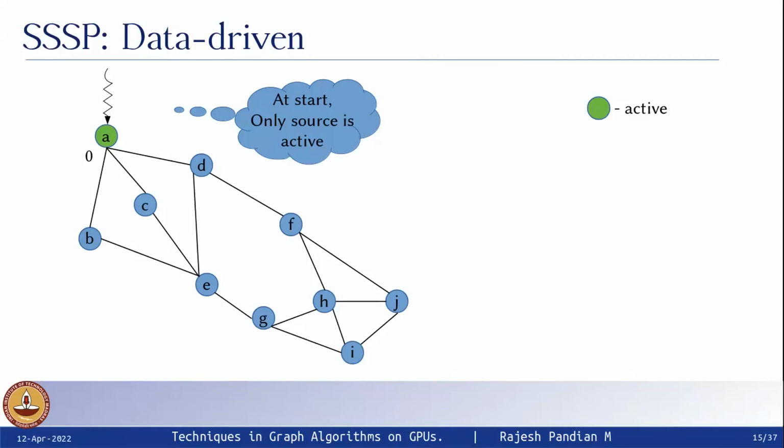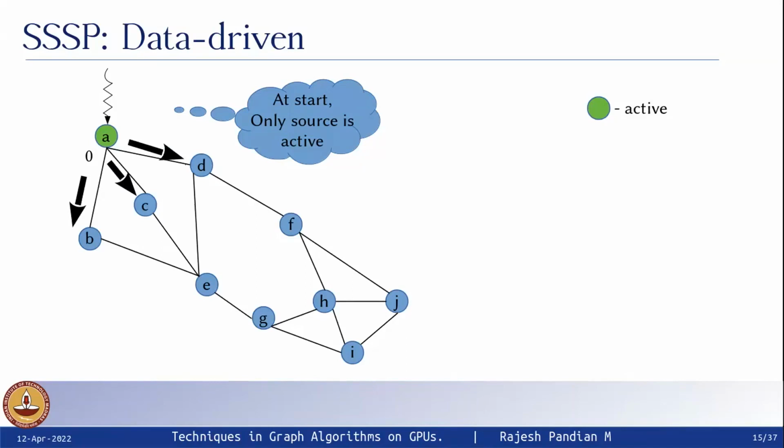It is given in the paper called Topology-driven versus data-driven for irregular algorithms. In the data driven approach, we will launch only as many threads as the number of nodes that are active. Here only the source vertex is active, so we'll launch it with one thread. And what does that thread do? It relaxes the neighbors.